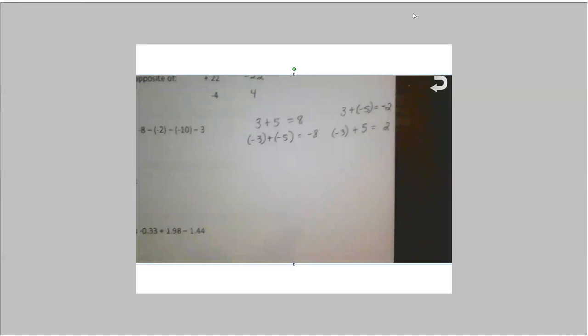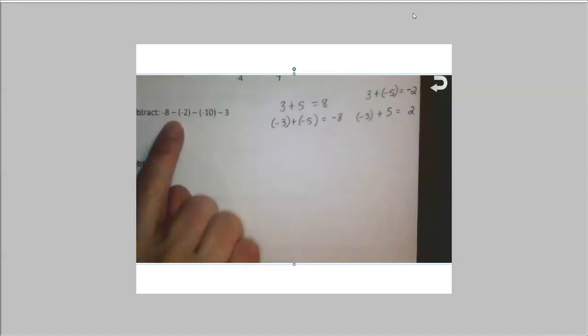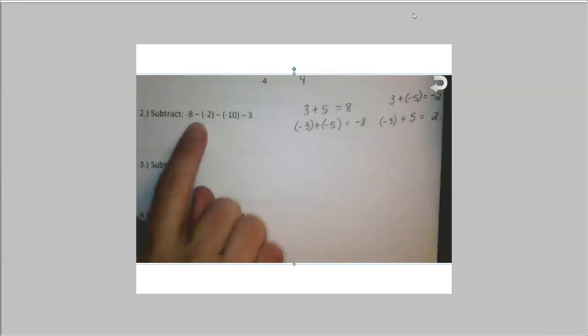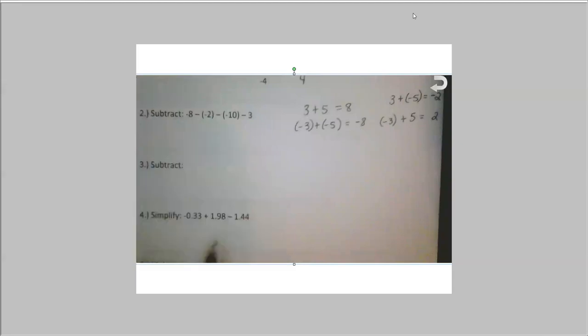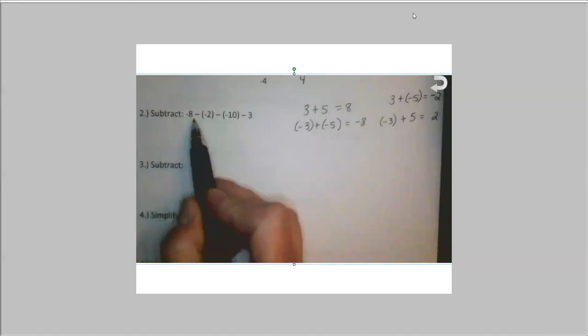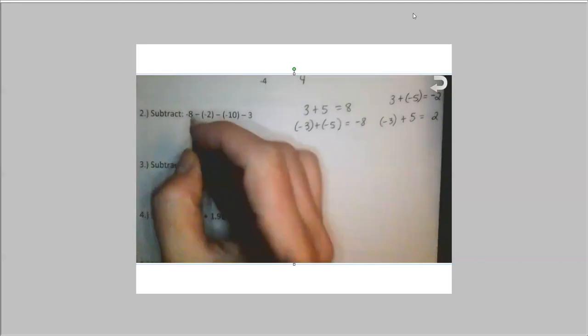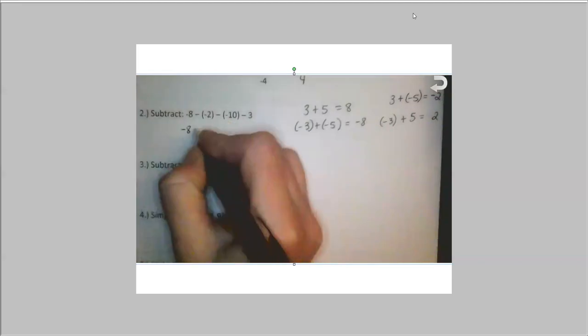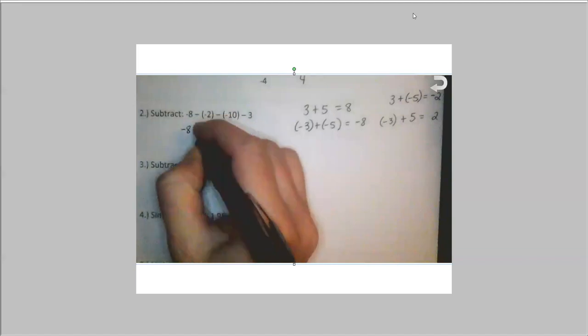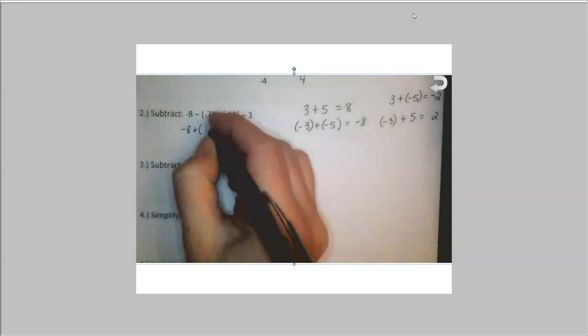In this example, we're going to be doing some subtraction with integers. Before we actually work with the numbers, I tell my students, leave, change, opposite. Rather than subtracting numbers, we're going to add the inverse. So instead of minus, I'll put plus, and then we do the opposite sign of that negative 2, and we get a positive 2.